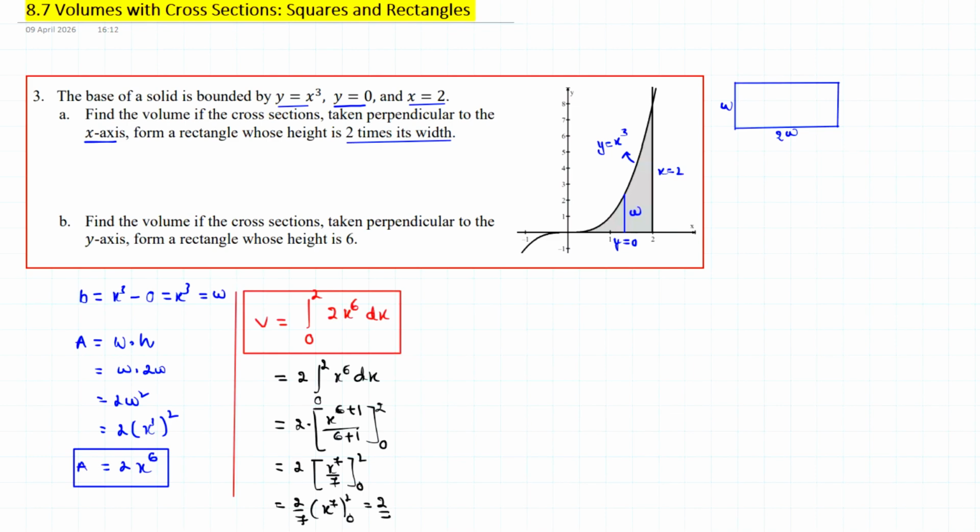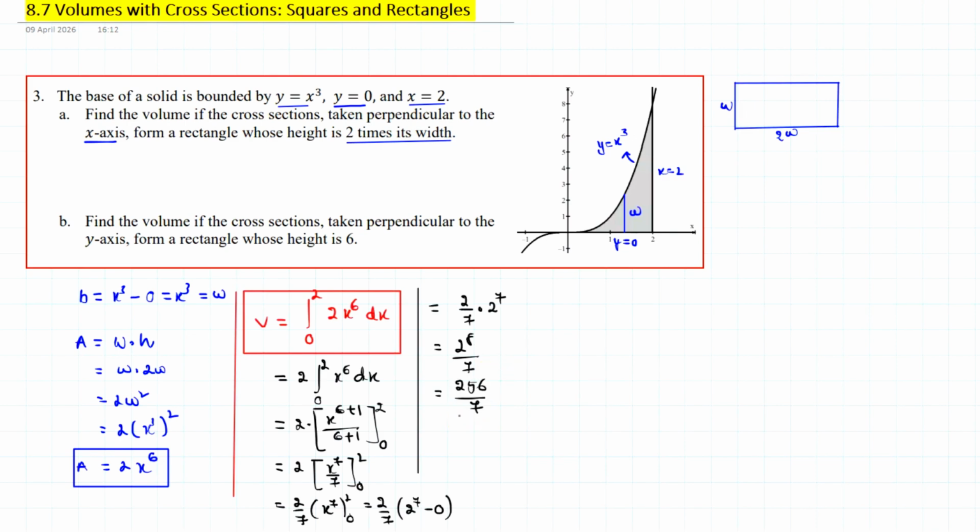So that is 2 over 7 times 2 to the power 7 minus 0 to the power 7, which is 0. So the volume V equals 2 to the power 8 over 7. Let's find 2 to the power 8, which is 256. So the volume is 256 over 7.